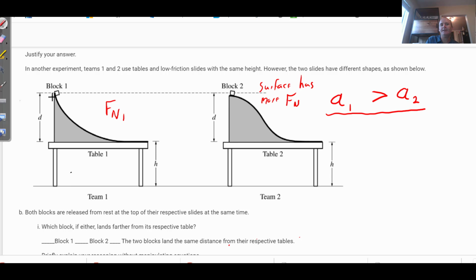Another way to see it is that if you were to straighten this out, you could say that the length of the slide is greater for team 2.